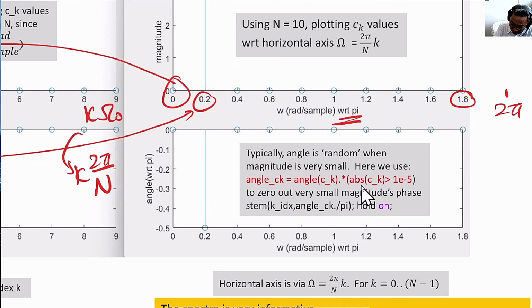So what I did to make it nice is to say that only when the absolute value of the magnitude is greater than a very small value do we show you the angle. Otherwise, this is set to 0. Okay, that is why all the angles here are 0 nicely. But in actual fact, if you write your own code, you'll see that there are some values here, although the magnitude is very, very close to 0.